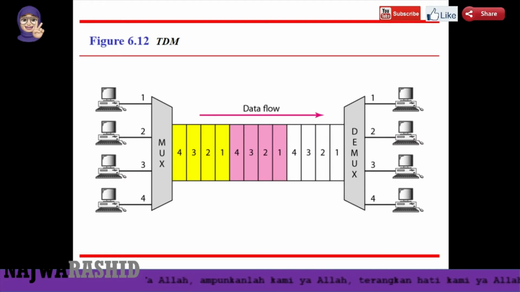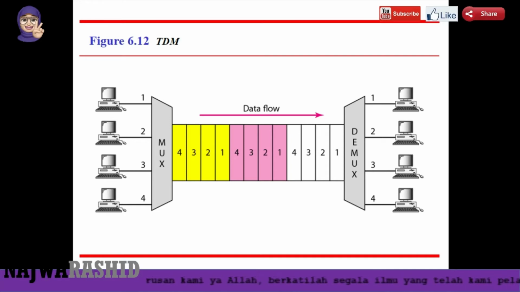So TDM is a digital signal, and the process is quite similar to FDM. We have three digital signals that come from three devices, for example. So we have multiple signals that come from multiple devices. We use a multiplexer to combine those signals, and then we transmit the combined signal into a single link, a single transmission medium.